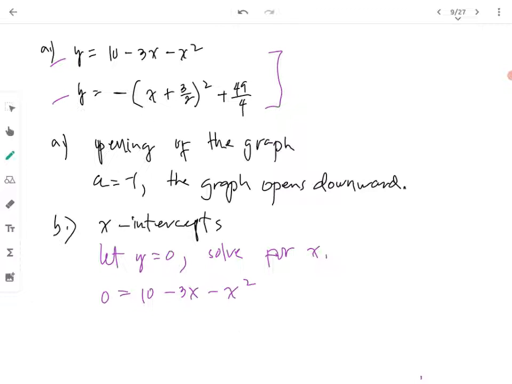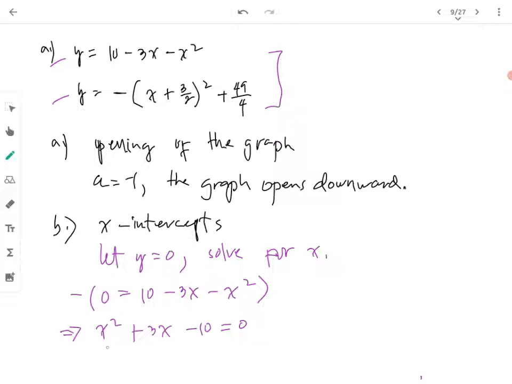We can make the x squared positive by multiplying it all by negative, so we'll have x squared plus 3x minus 10 equals 0. In this part, you can solve for x using any method: completing the square, factorization, or the quadratic formula.